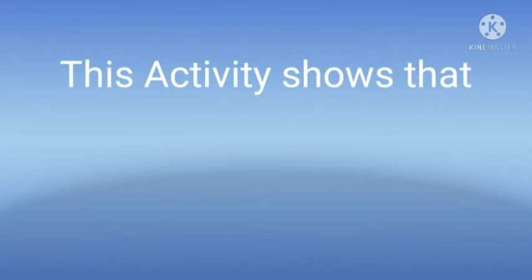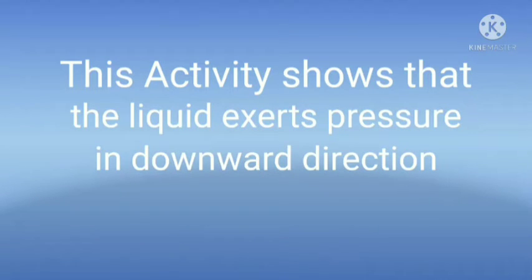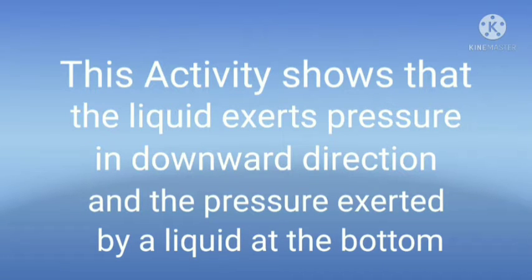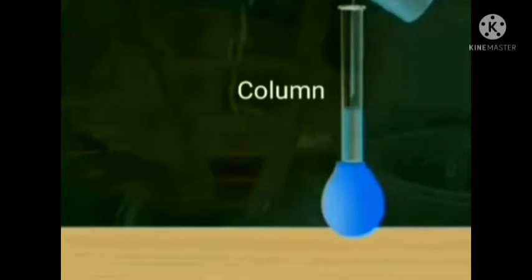This bulge goes on increasing as we go on increasing the water level. This activity shows that the liquid exerts pressure in the downward direction and the pressure exerted by a liquid at the bottom depends on the height of its column.